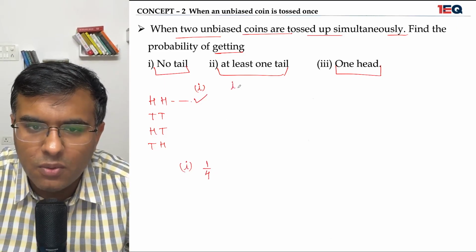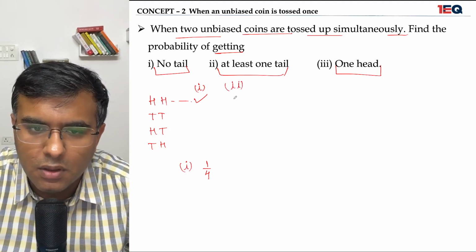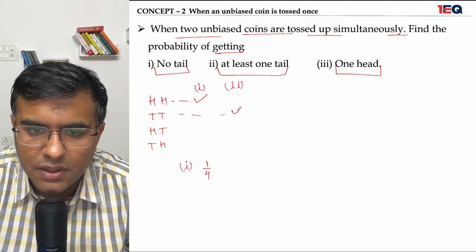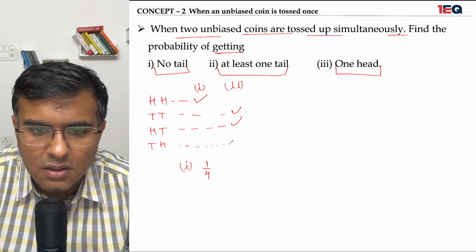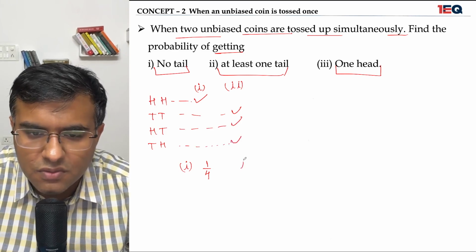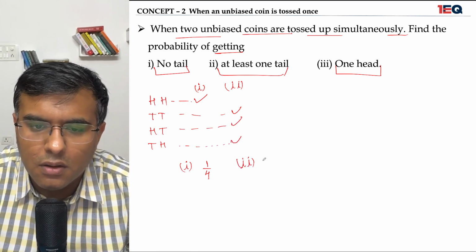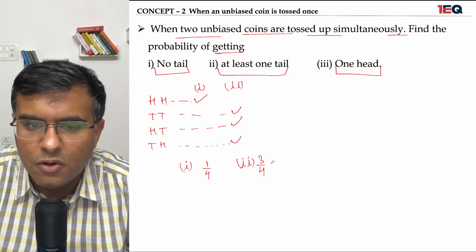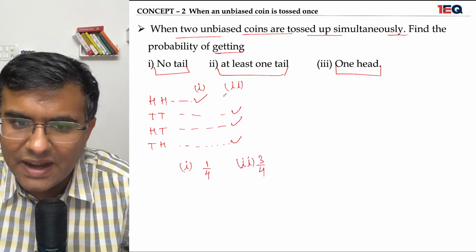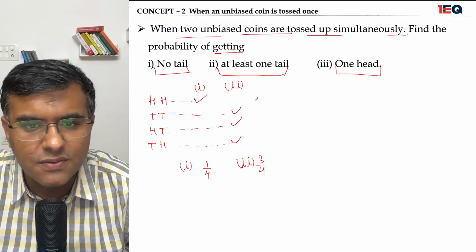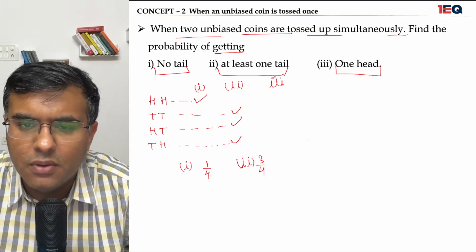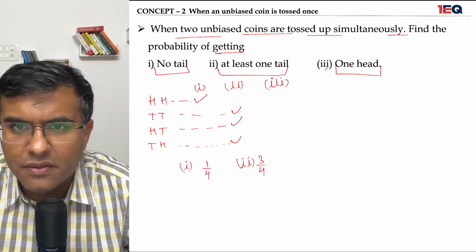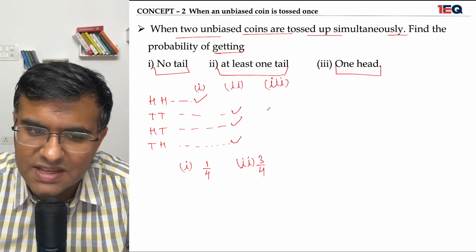Secondly, talking about at least one tail. There is one tail over here, there is a second tail over here, and there is a third tail over here. So we have 3 out of 4 possibilities, because head and head does not have any tail, so we will not take that into consideration. Talking about point number 3, which has one head.